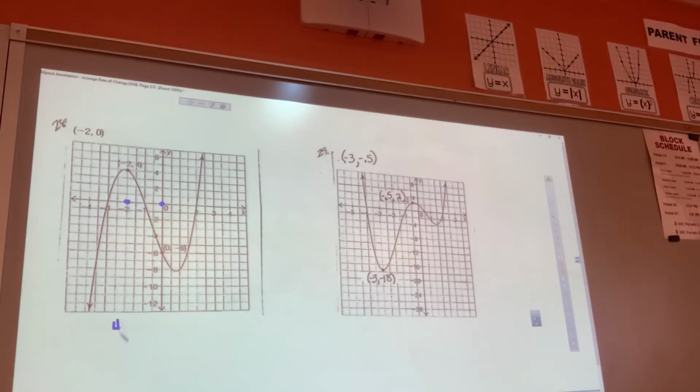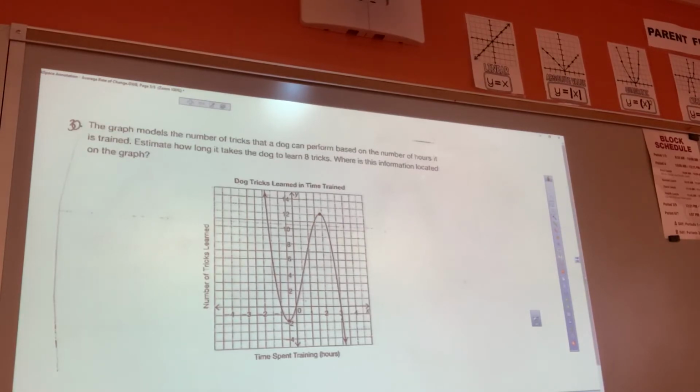So I can take 4 minus -6 over, what are my x values? -2 minus 0. And that's going to give me 10 over -2, which is -5. And does that make sense? Yes, because it's decreasing here. So it has an average rate of change of -5.